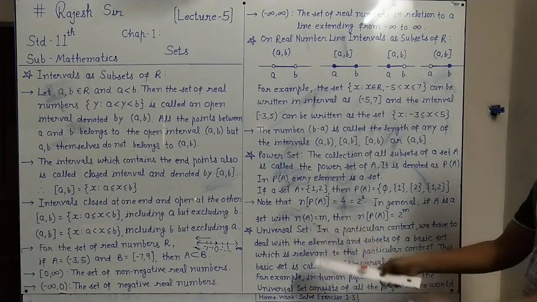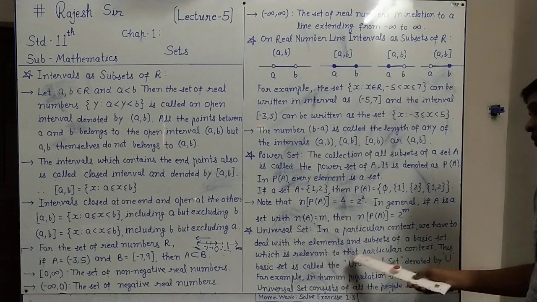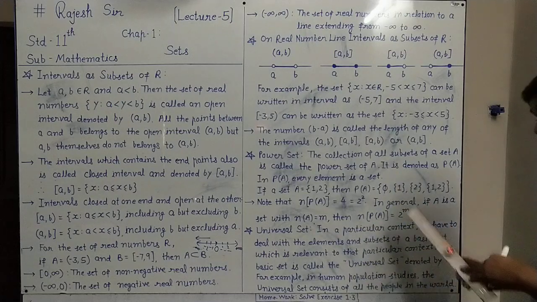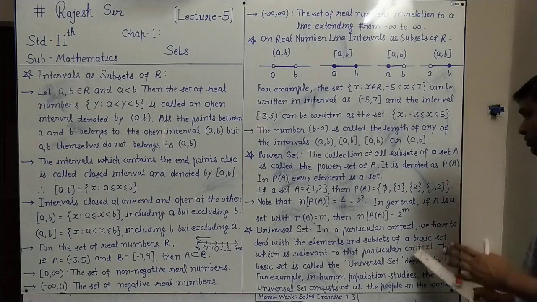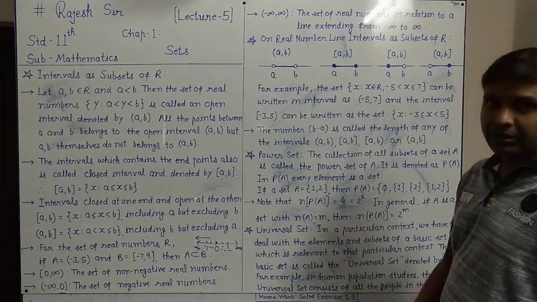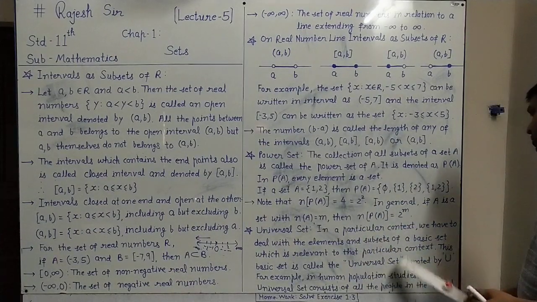One basic set we have to assume, and about its elements and its subsets only we are studying. Under that basic set we are studying everything. So in a particular context, we deal with elements and subsets of a basic set, which is relevant to the particular context.